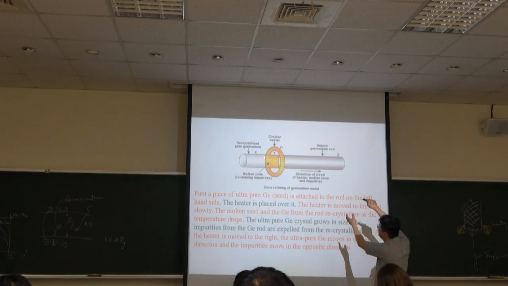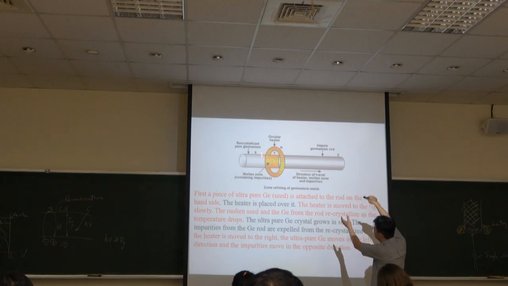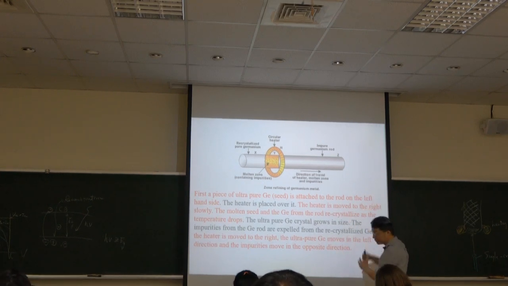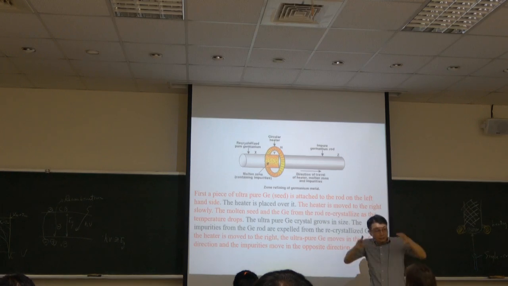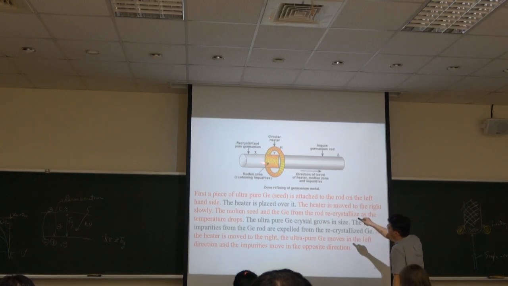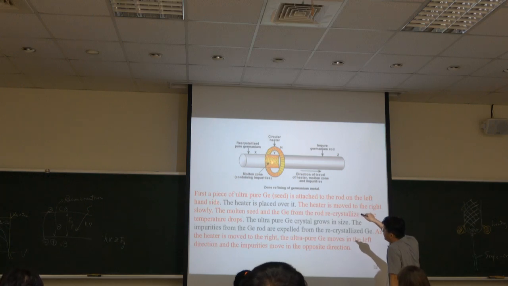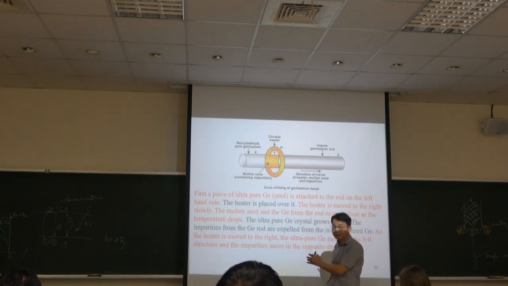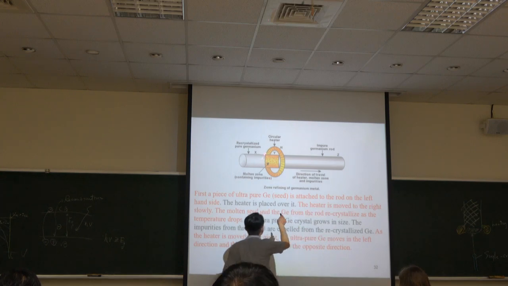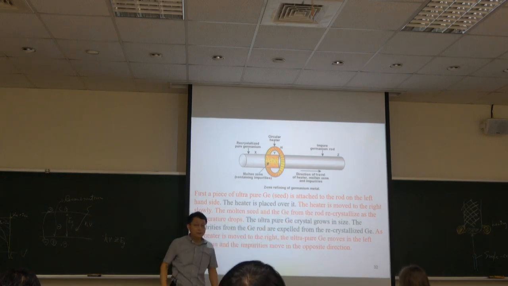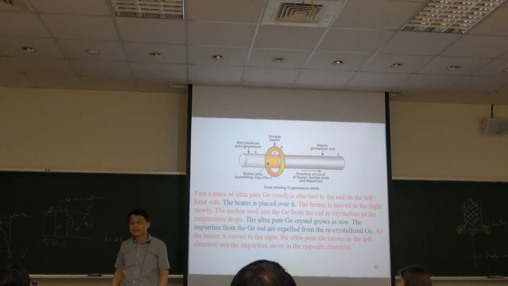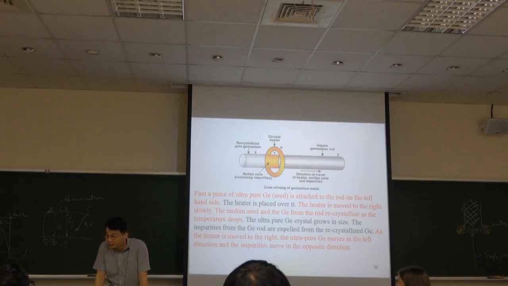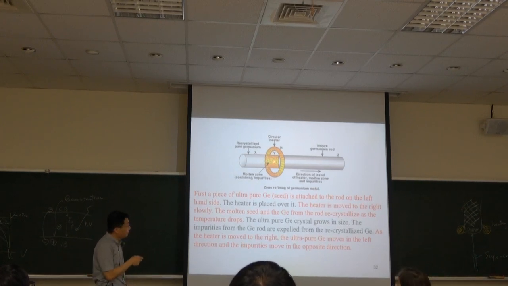Just outside, we apply the RF coil, and then move the RF coil, so we can scan this way. Therefore those impurities will be repelled. Those impurities we can say are like a solute. So this solute will be repelled into the liquid state.